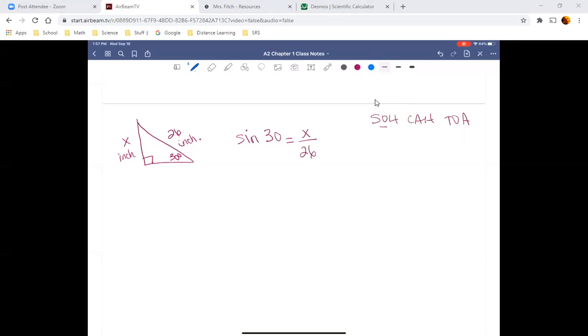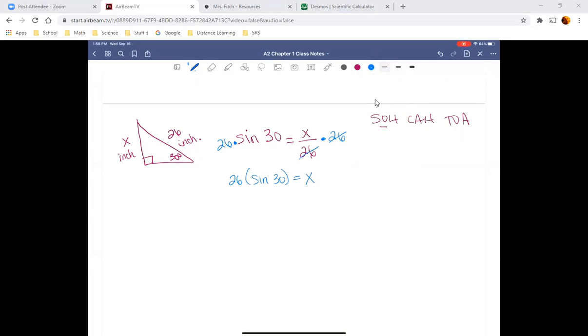So to get rid of that 26 out of the denominator, you would multiply both sides by 26, right? Because anytime you have an equation, if you do it to one side, you got to do it to the other, right? So now I have 26, and I'm going to throw it in parentheses just for the fun of it, and then these are going to cancel, and that gives me my x.